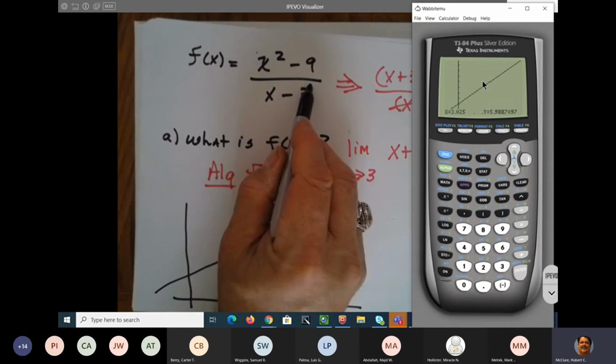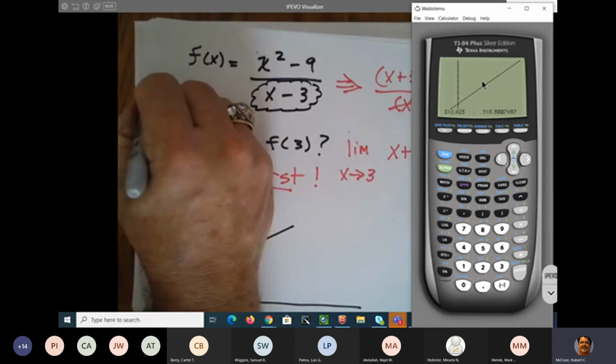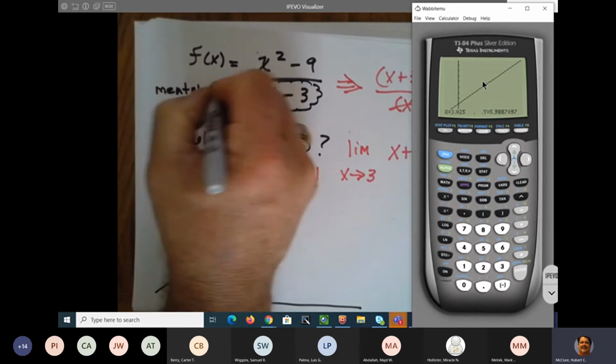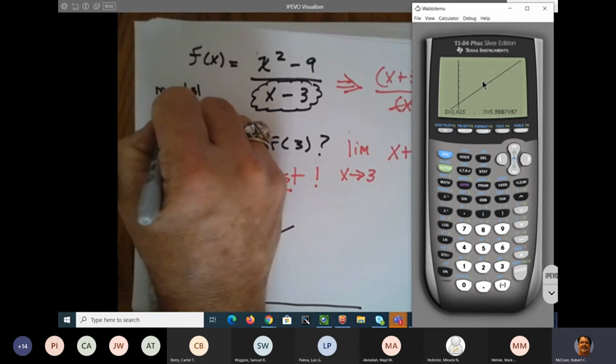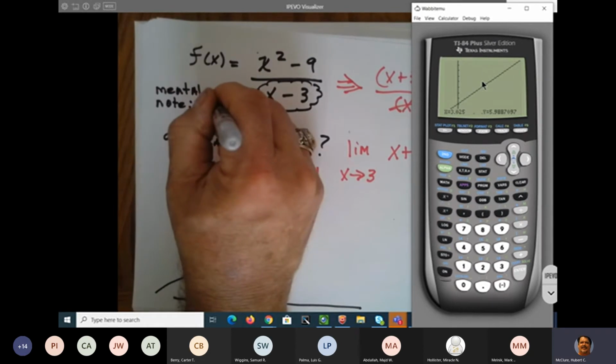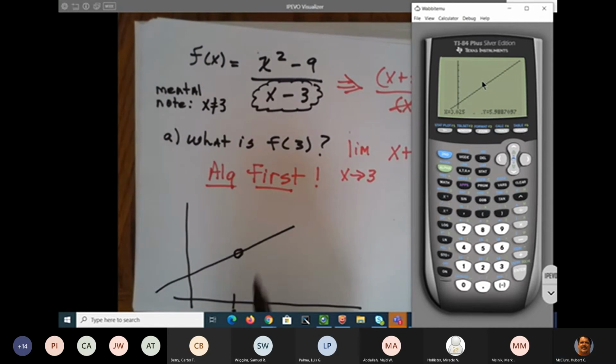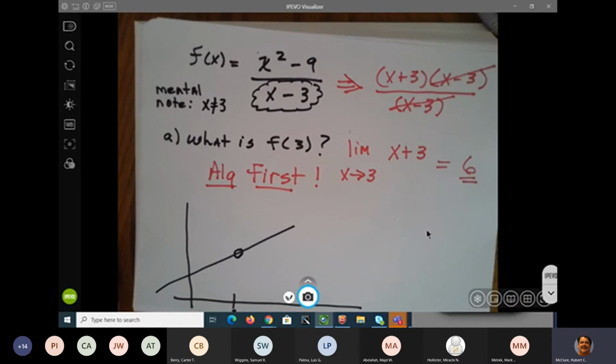You need to make a mental note at the beginning of the problem that x cannot equal 3, and that's what that open circle means. Then you do the algebra. And this means that the limit is approaching 6 at x plus 3. So 6 is the answer.